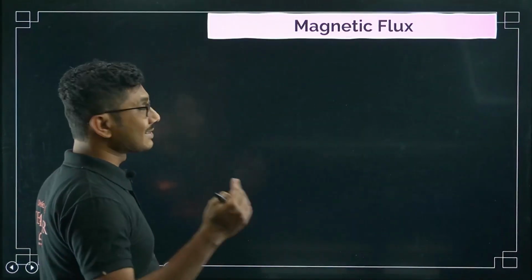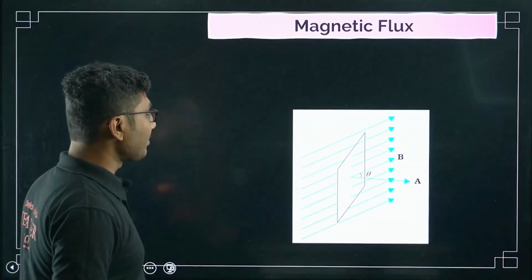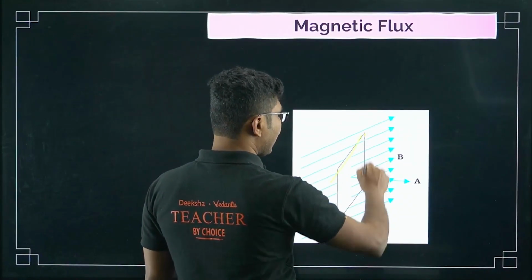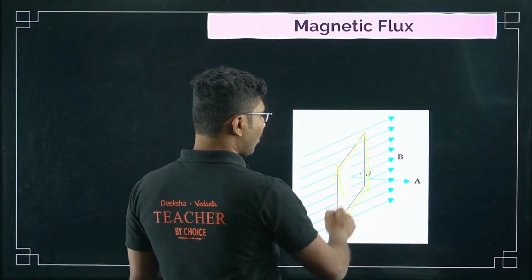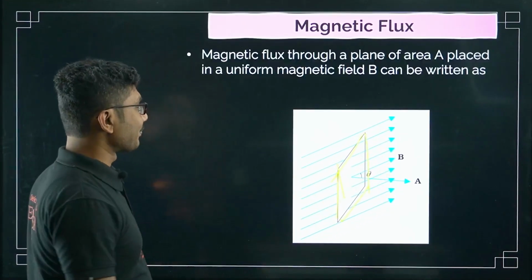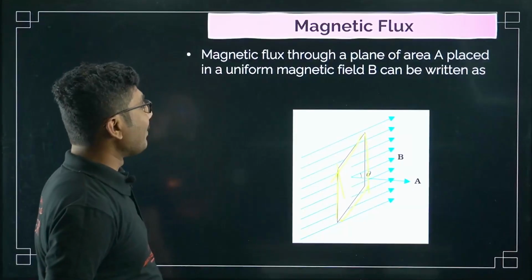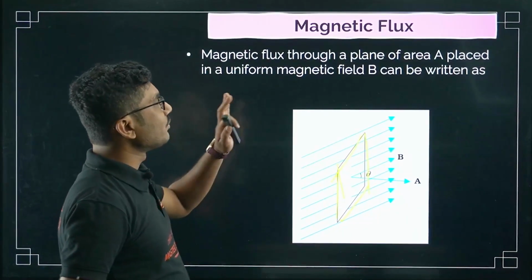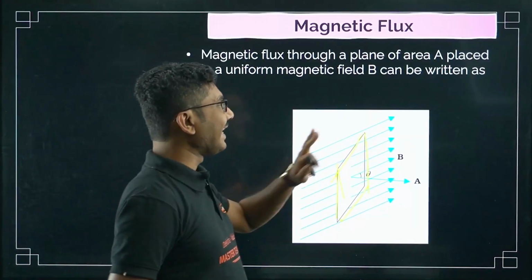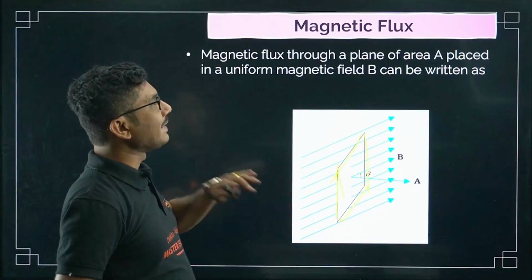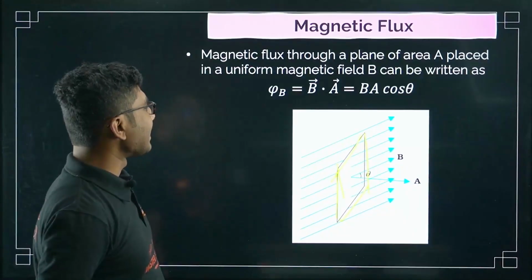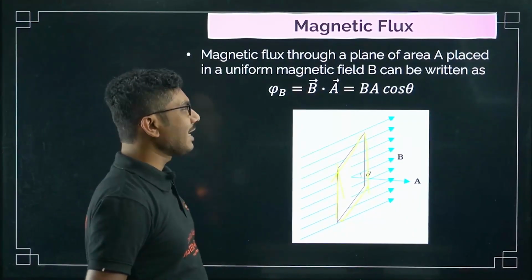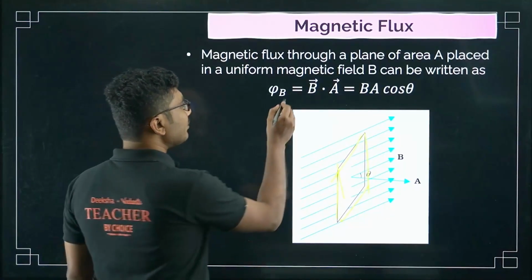Now we are going to discuss the definition of magnetic flux. If you see, there are field lines and a surface area, and some field lines are crossing this area. Magnetic flux through a plane of area A placed in a uniform magnetic field B can be written as phi B equals B dot A equals BA cos theta. Now why have we used this phi B?